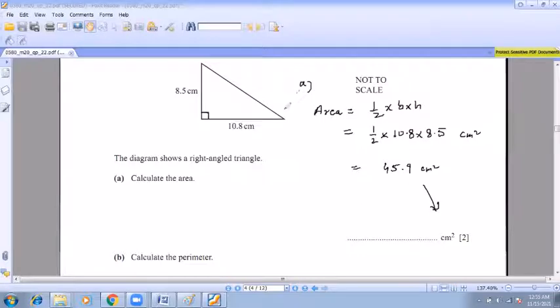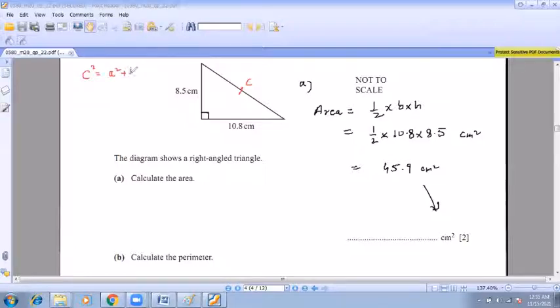And the second part, they are asking about the perimeter. We know that it is a right angle triangle, and for a right angle triangle we can apply the Pythagoras theorem because the third side, the longest side, we don't know. This side is basically called the hypotenuse, which is always opposite to the right angle. So how to find that longest side? Look, c square is equal to the sum of squares of the other two sides.